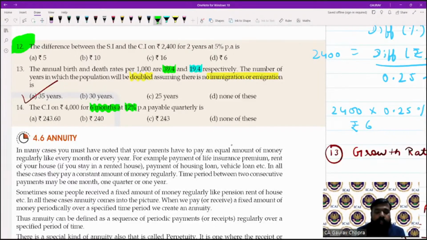The rate is 12%, but compounding is quarterly. So 4,000 is the principal. N will be, now 6 months is having how many quarters? 6 months is having 2 quarters. Rate, 12% is the per annum rate. So therefore quarterly rate will be divided by 4, 3%.